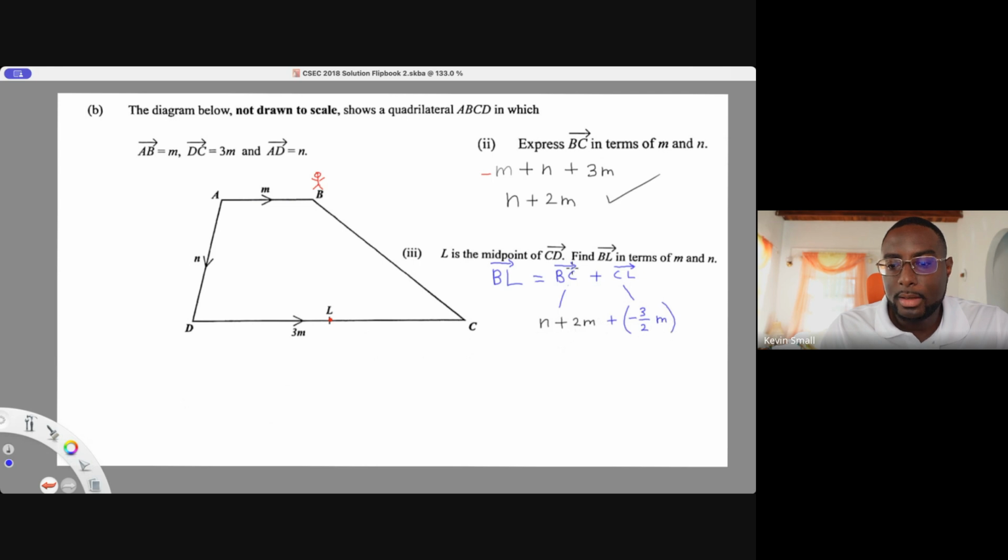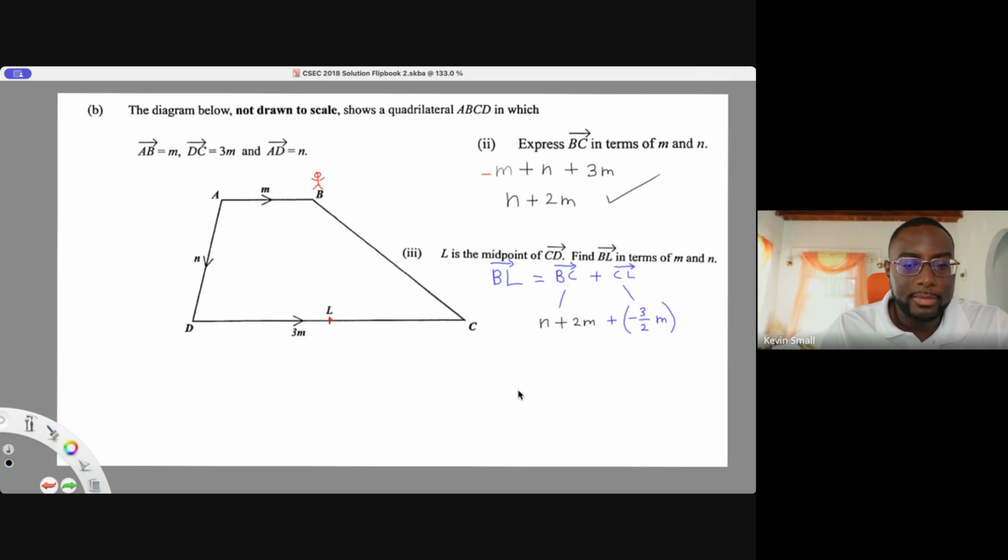All right, so remember, L is the midpoint of CD. So whatever CD was, 3m, and if it's the midpoint, I will have to divide that 3m by 2. And because I'm going the opposite direction, I have to change the sign to negative. Now help me simplify this.